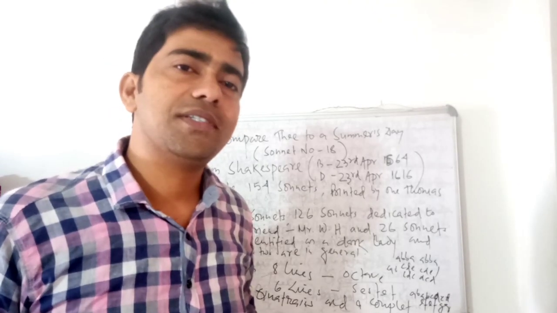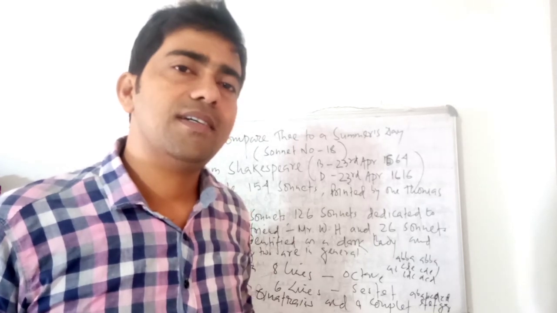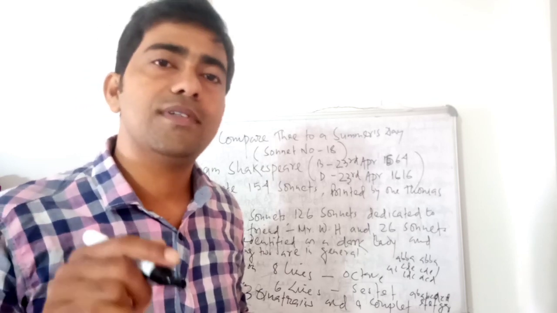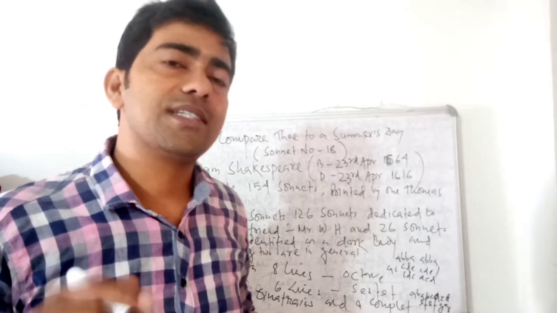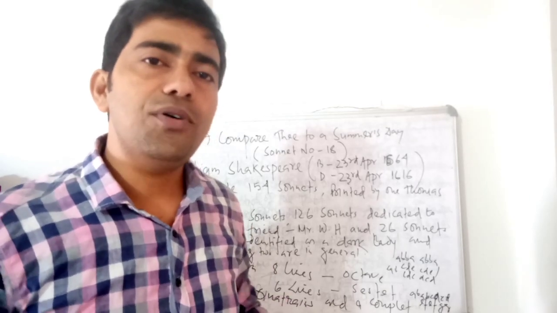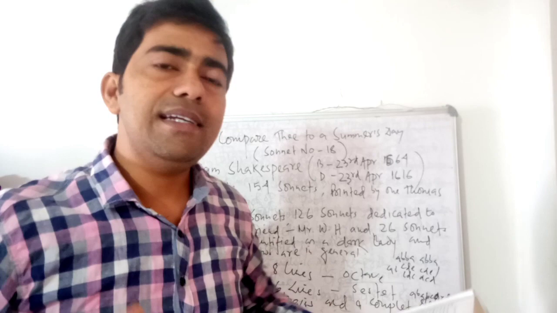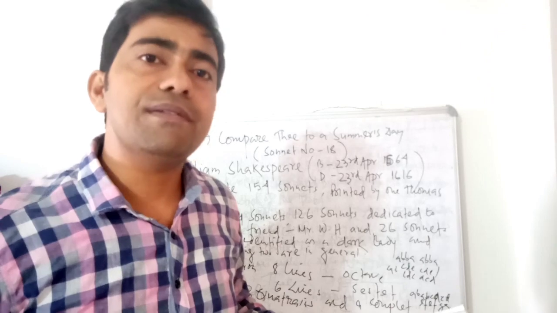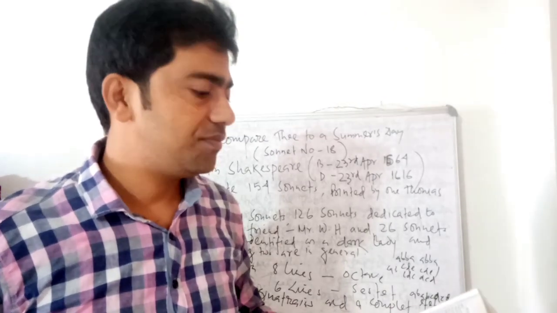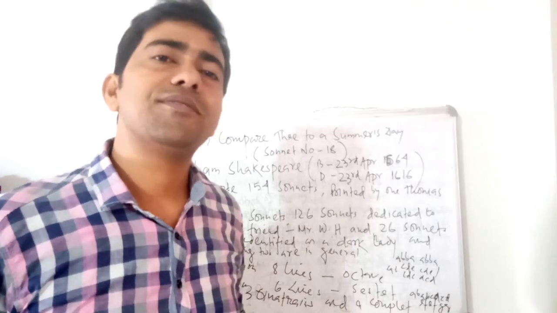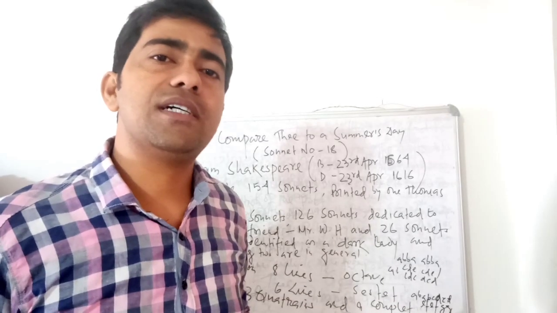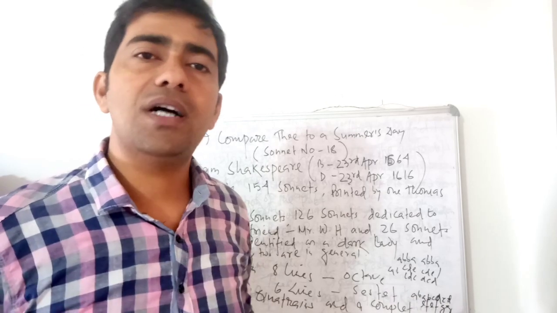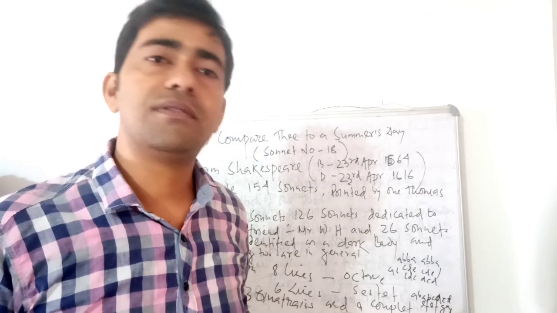Then he compares this with the description of a summer's day in detail. In a summer's day, rough winds tend to blow, and rough winds, when blowing, do shake the darling buds of May. The month of May is generally considered the blooming period, the blooming time of buds, which later turn into flowers.